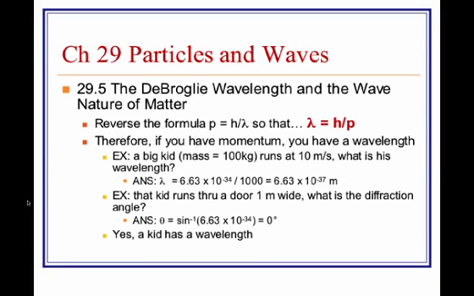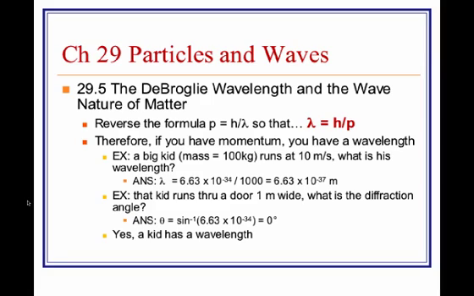In 1924, Louis Victor de Broglie reasoned that if photons have momentum and a wavelength, why don't all objects have a wavelength too?